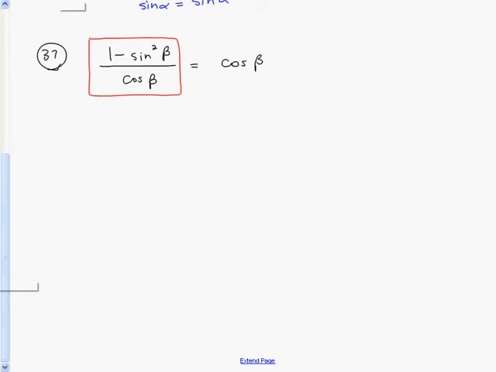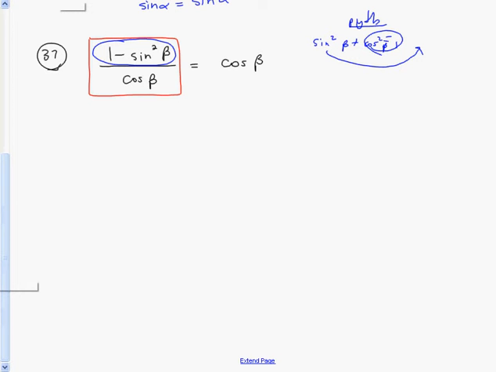Now this first piece up top, the numerator, 1 minus sine squared of beta, I recognize it. It is the Pythagorean identity, but it is rearranged. Our normal Pythagorean identity that we know is sine squared of beta plus cosine squared of beta equals 1. Sorry, that's all messy. But I can see if I subtracted sine squared to the other side, I would have cosine squared.